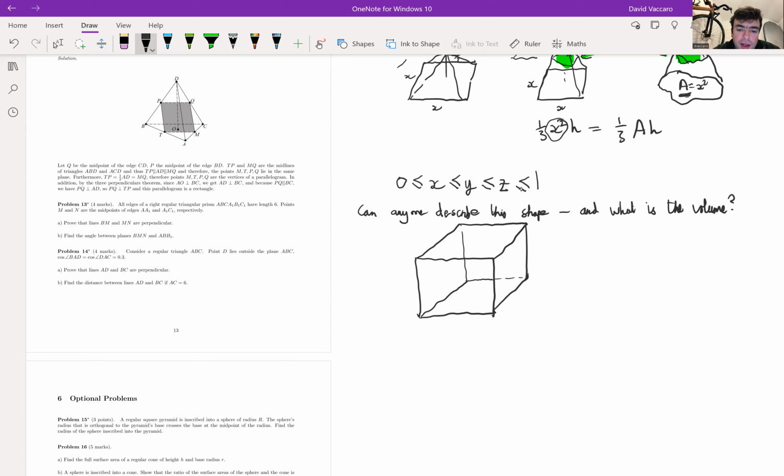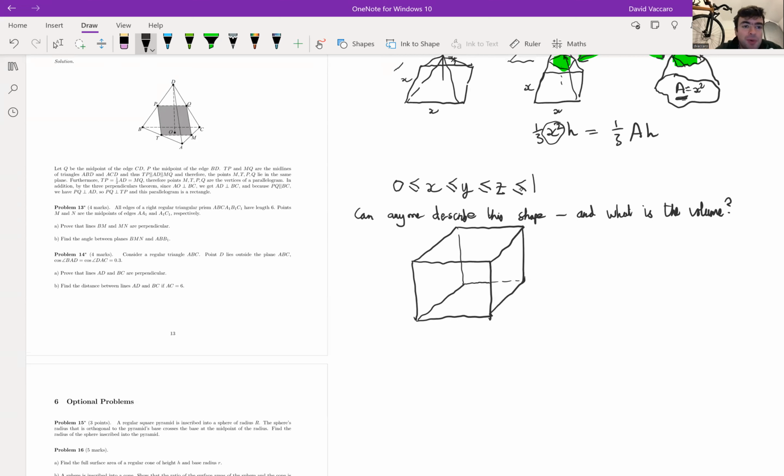So the distance into the board is always greater than or equal to the distance to the right. So it's probably worthwhile drawing the line x equals y. Okay, so the line x equals y is like this, and then y is bigger than x is this side of that line.